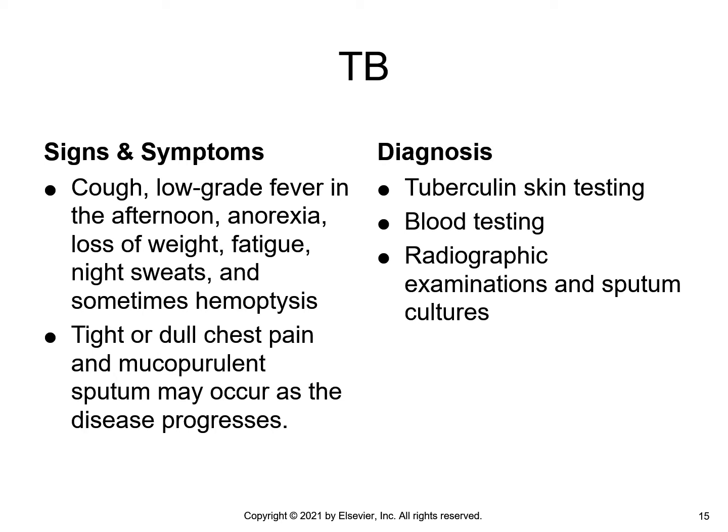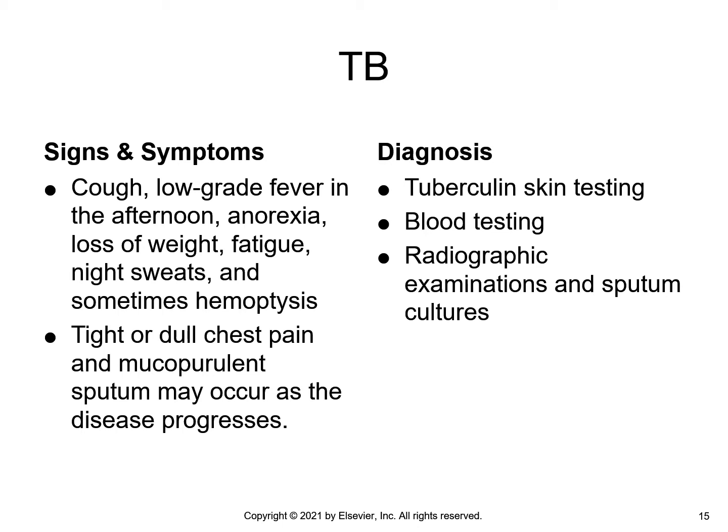There are 2 specific blood tests that are approved by the FDA. One is the QuantiFERON-TB Gold test, and the other one is the T-SPOT.TB test. These tests are interferon gamma release assays that measure the patient's immune system reaction to tuberculosis.